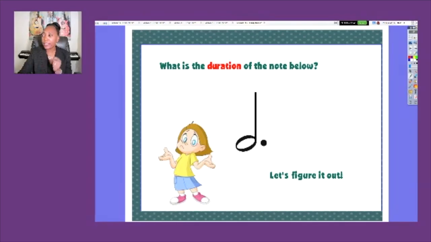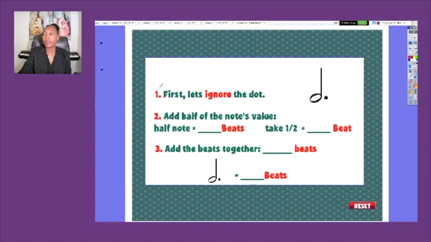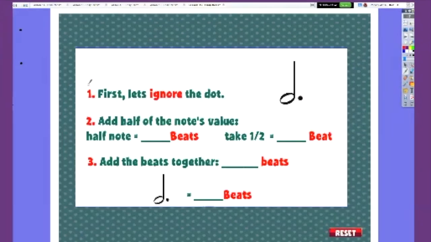What is the duration of the note below? What do you think? We have to figure this out, and the best way is to start with number one. First, let's ignore the dot. If I put an X and pretend there is no dot, we know that this is a half note. Number two, add half of the note's value.